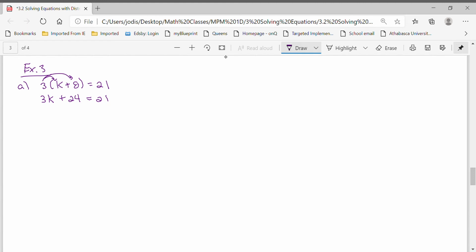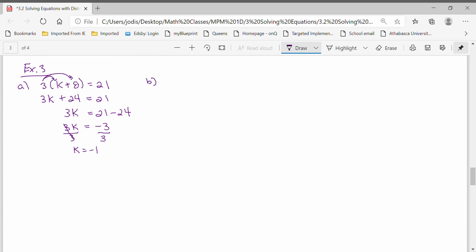Then next we want to follow our order of operations, so we want to undo this adding by subtracting. So we've got 3k equals 21 minus 24. And 21 minus 24 is negative 3. And then we want to undo this multiplying, so we're going to divide. So k equals negative 1.